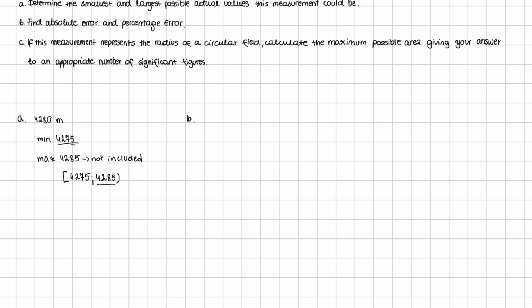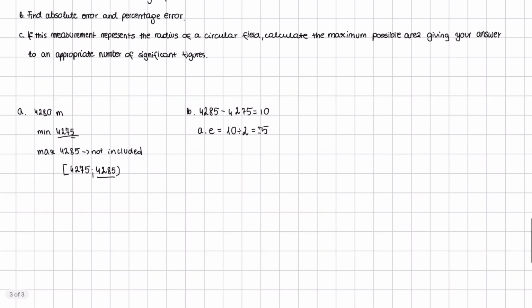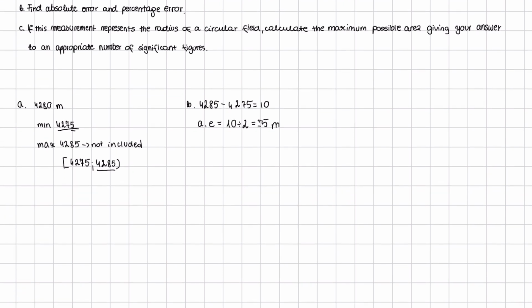The difference is 4,285 minus 4,275, which is just 10, and the absolute error is 10 divided by 2, because it's half of the difference, so it's just 5. We also have to remember plus or minus 5, and of course, meters.